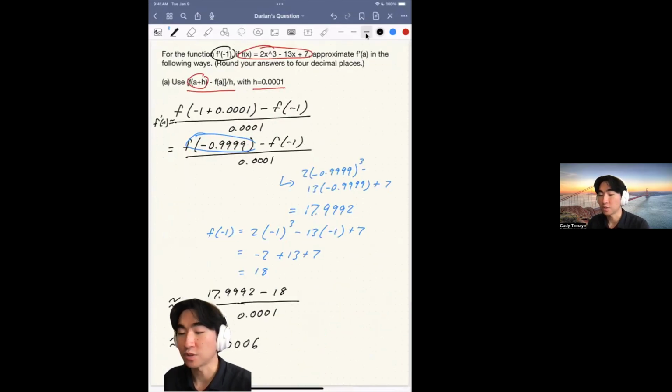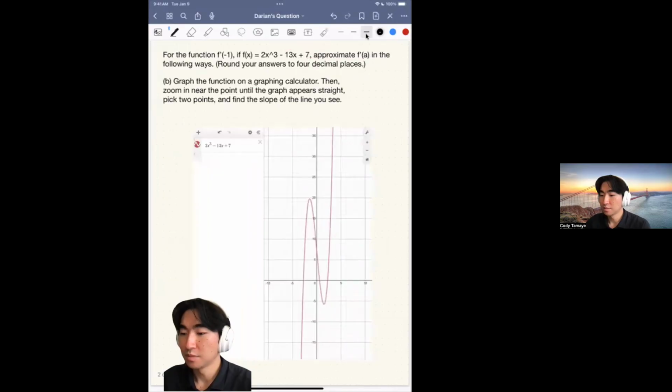Now let's move on to part 2. In part B, it says graph the function on a graphing calculator, then zoom in near the point until the graph appears straight. Pick 2 points and find the slope of the line you see. So looking here, this is the graph of 2x cubed minus 13x plus 7.